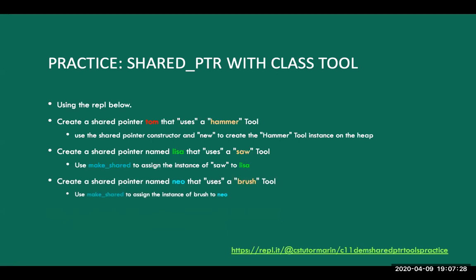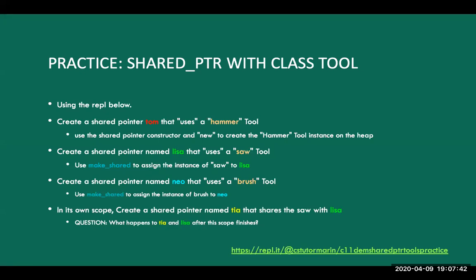And then you want to create just one more shared pointer, Neo, that's going to use a different tool, brush. So all of these are just getting you used to expressing those tool constructor arguments inside of the parentheses for the shared pointer itself.